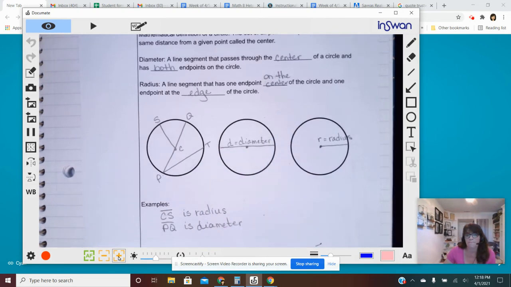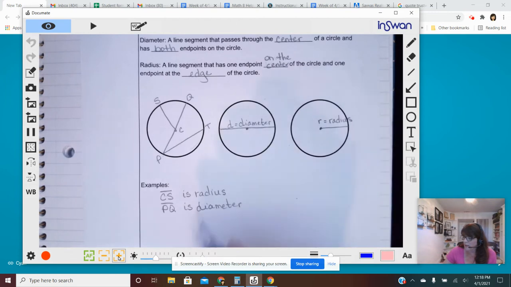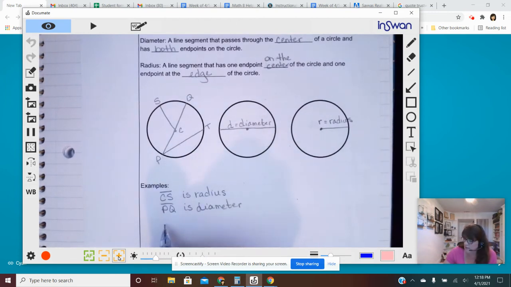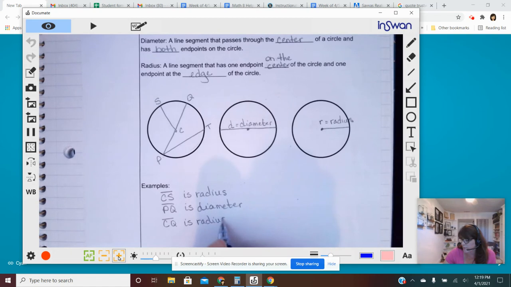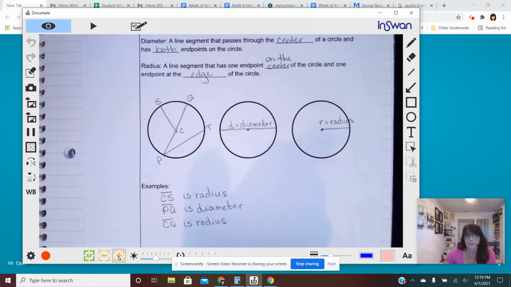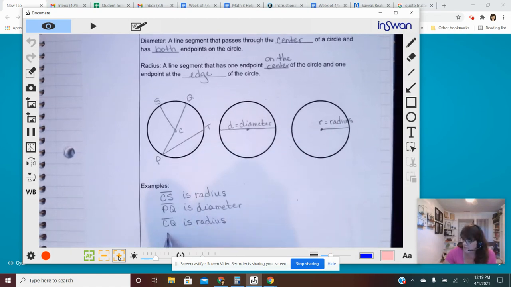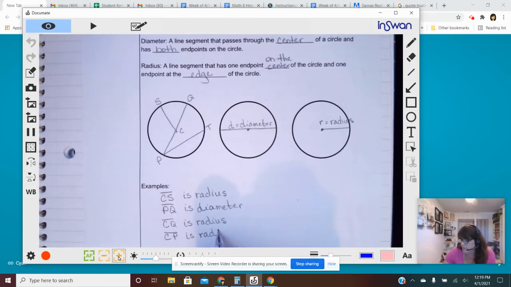Okay. Notice CQ is also a radius. CP is also a radius.